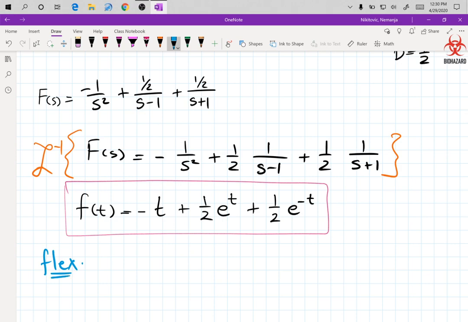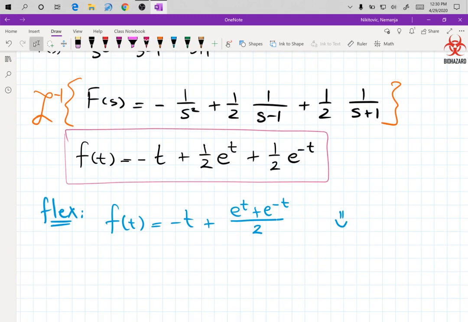Now, I'm going to flex a little bit, because we can also do f of t is equal to negative t plus e to the t plus e to the negative t over 2. And that gives us what? Exactly.